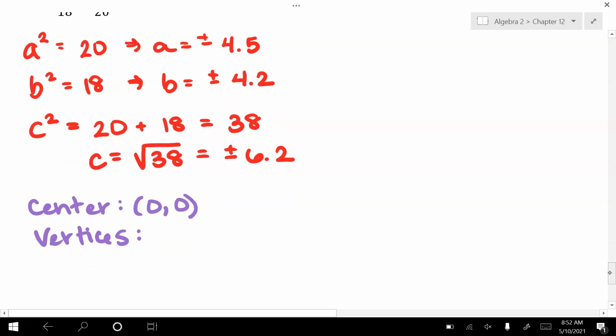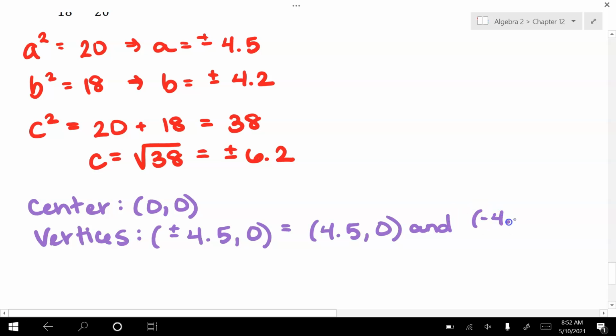So vertices are going to be your A value, so plus or minus 4.5, 0, which would be positive 4.5, 0 and negative 4.5, 0. Co-vertices should be 0 and then your B, positive and negative.